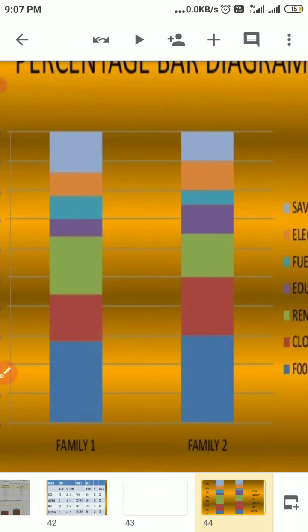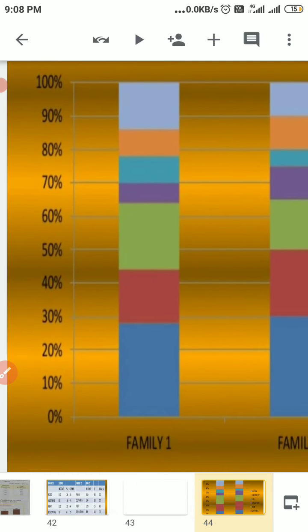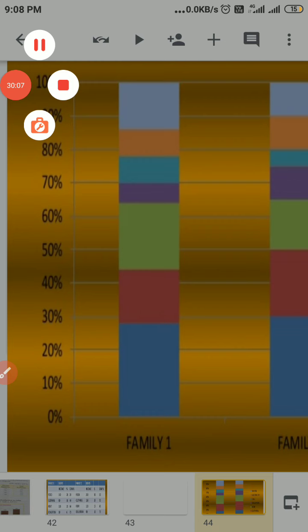So you can see the bar is equal to 100. Then the information has been divided with the help of cumulative frequency.